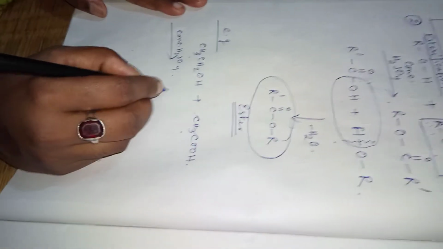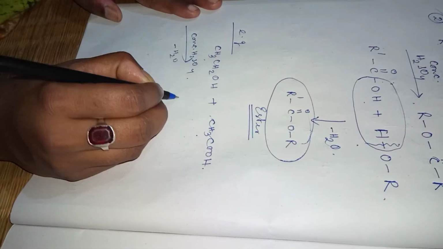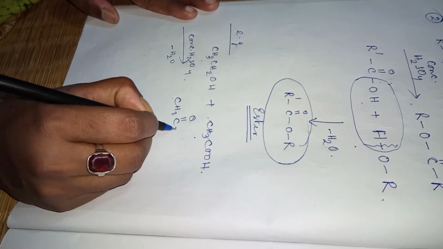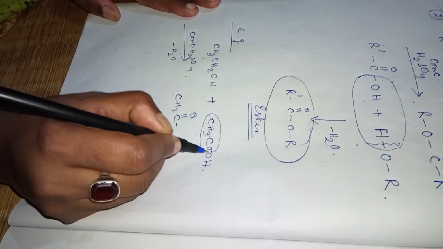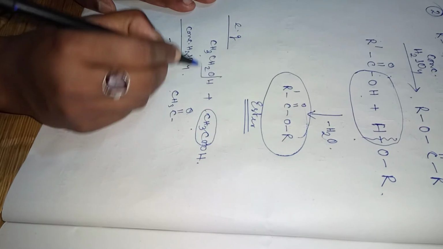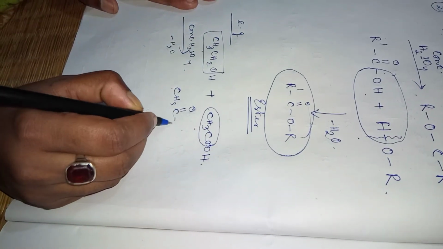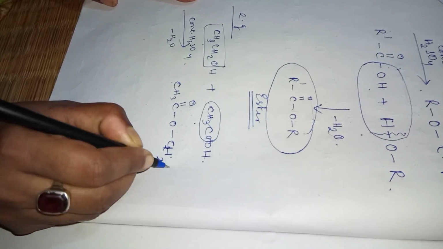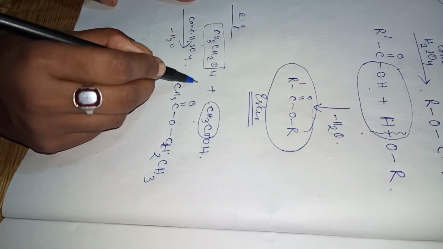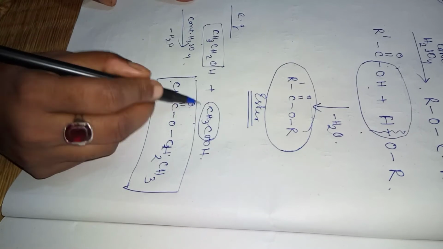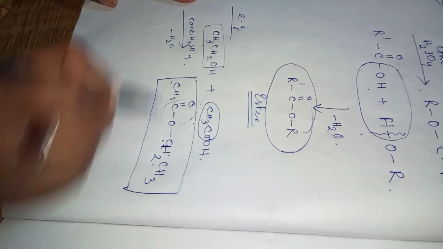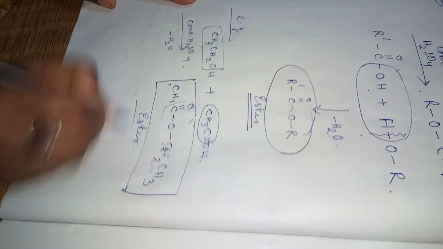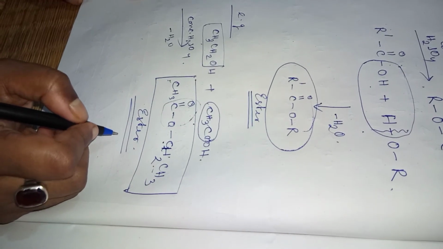Then water will be removed and we will get CH3C double bond O single bond O, then CH2, then CH3. Like this way we will get the ester RCOOR dash or R dash COOR. So ester we are getting. Am I clear? So this is the first reaction, esterification reaction.